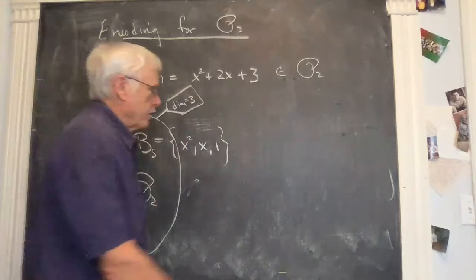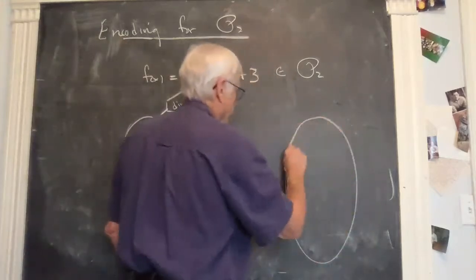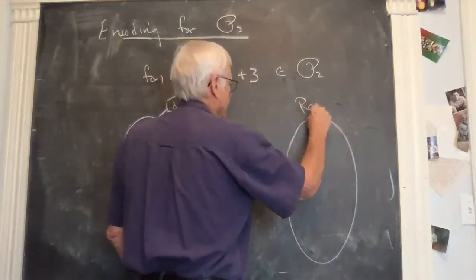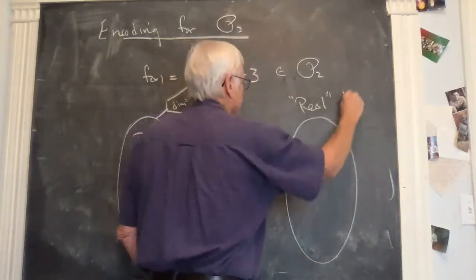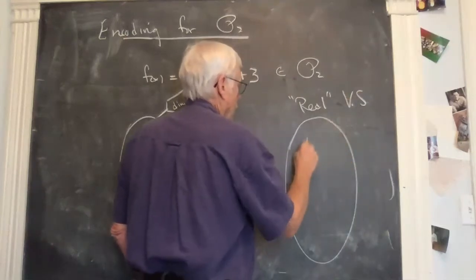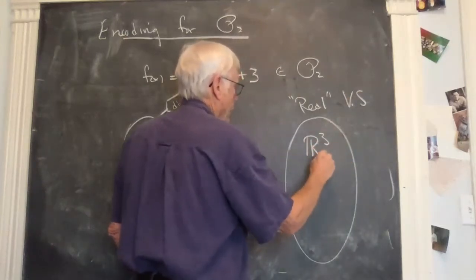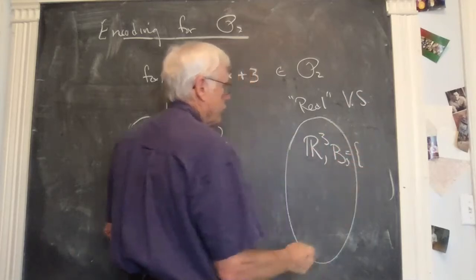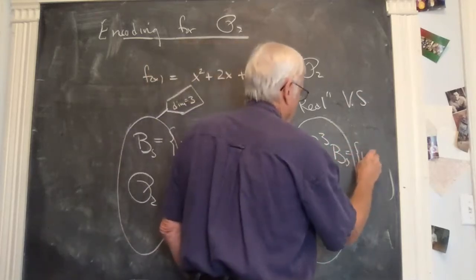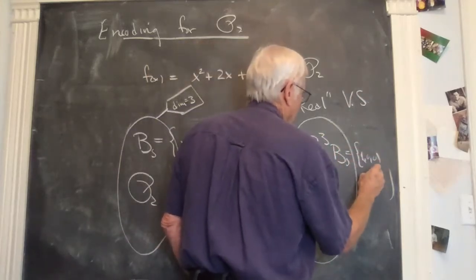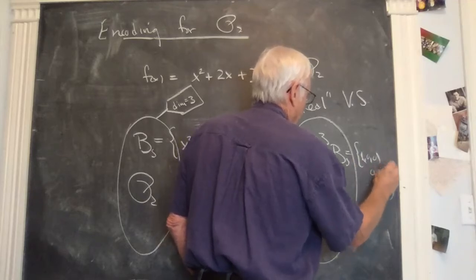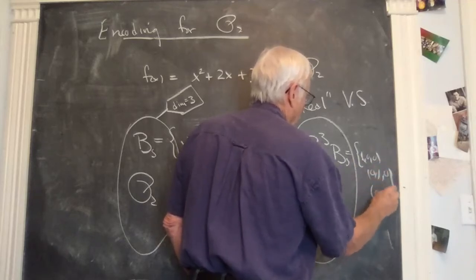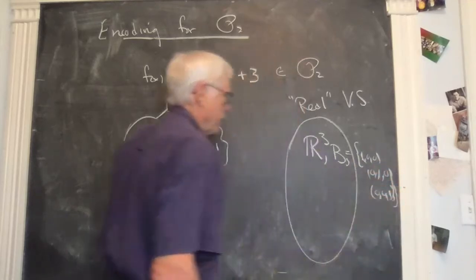And I'm going to take the real vector space R3, with its standard basis, which is 1, 0, 0; 0, 1, 0; 0, 0, 1. That's its standard basis.